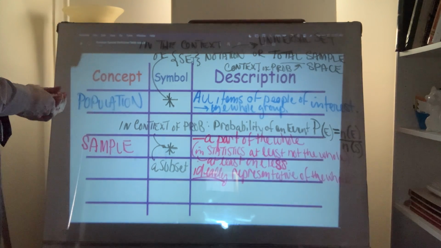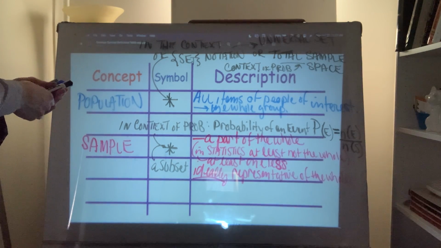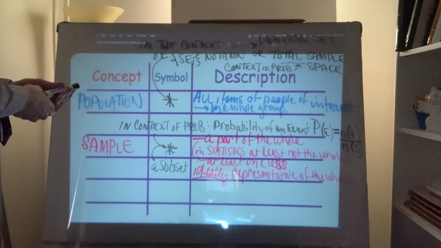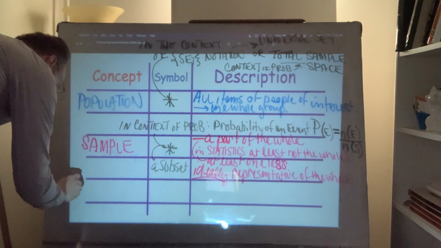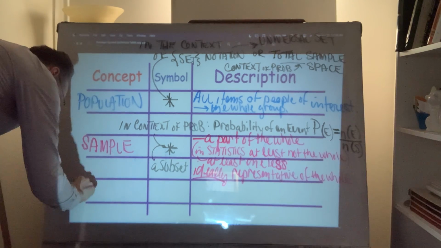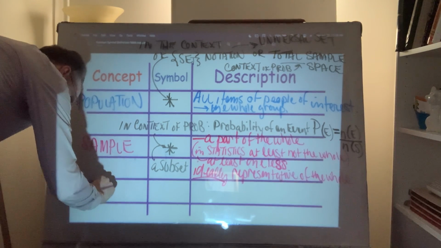Now, lastly, before we move on to the example, I don't want to use green, it's not going to show up. I'm going to go back to blue here, hopefully this works. You'll hear this phrase, unbiased sample.